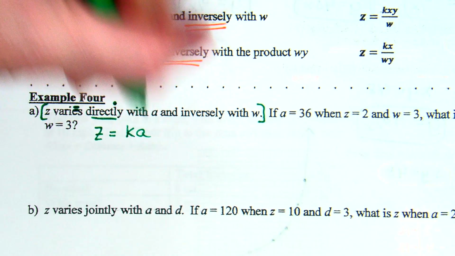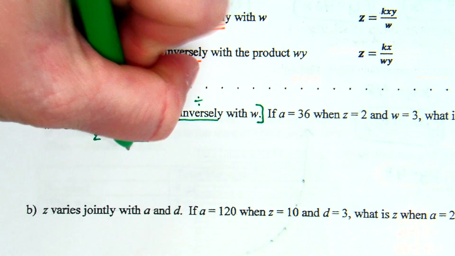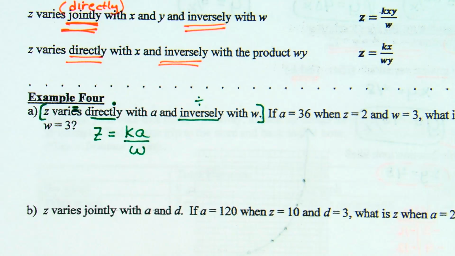Okay, second sentence, or not even a complete sentence yet: if A equals 36, when Z equals 2 and W equals 3. How could I use that information I just read?